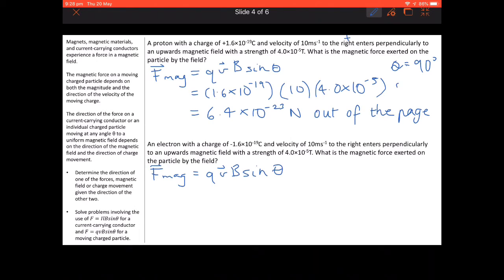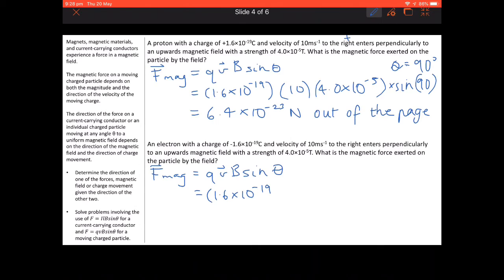Just realised I forgot to do sine up here. Sine of 90 is 1, so that's just all multiplied by 1. So again, this will be 1.6 by 10 to the negative 19.